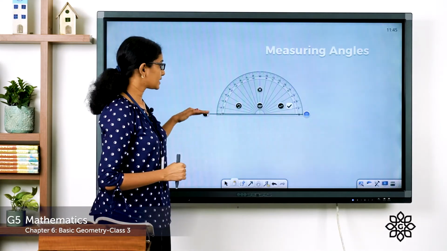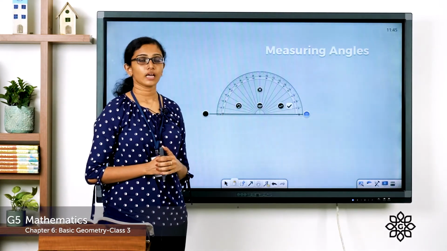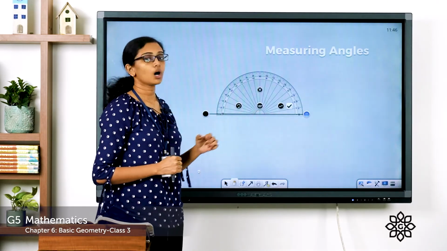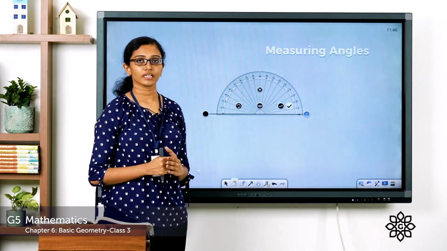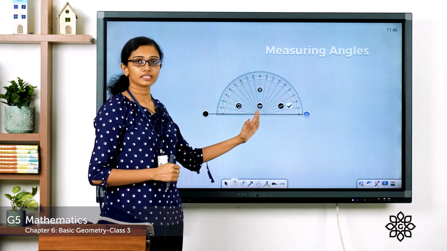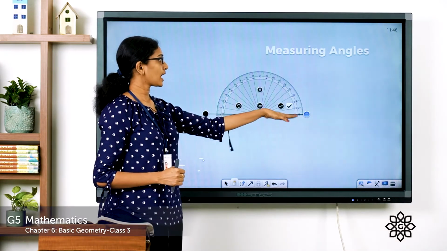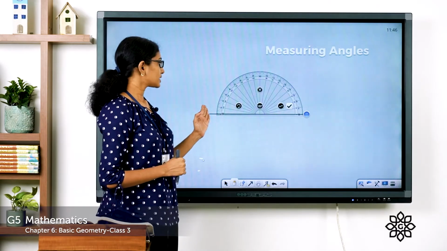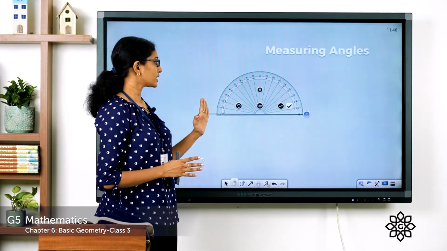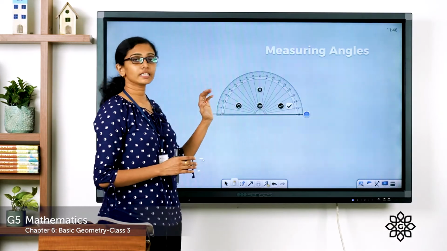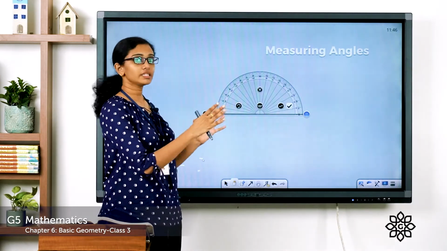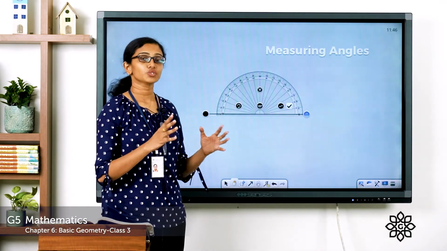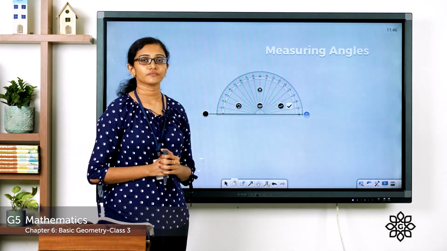There is a baseline of the protractor and the midpoint of this baseline is called the center of the protractor. Clear? So there is a baseline, a center, an outer scale and an inner scale marked on the protractor. And you can see markings such as 0 degrees, 10 degrees, 20 degrees, etc. Between each set of bigger divisions, there are 10 smaller divisions which represent 1 degree each.